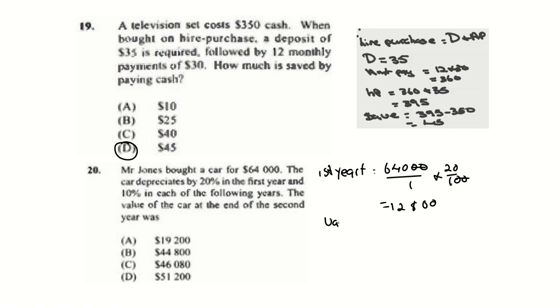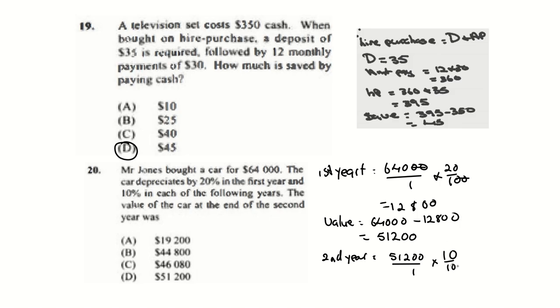So the value after the first year would have been 64,000 subtract 12,800, which is 51,200. Right, then for the second year, it would be 51,200 over 1 multiplied by it depreciating by 10%.